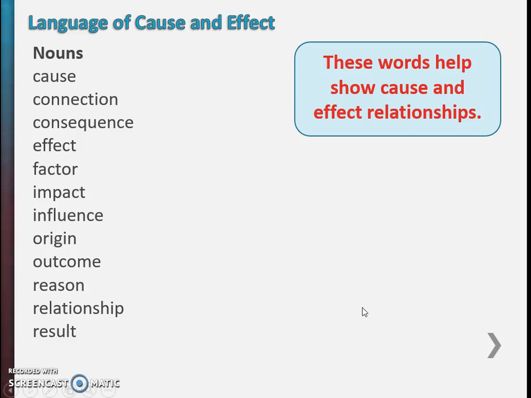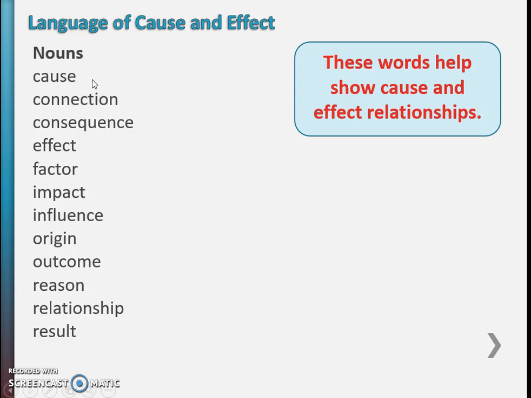First of all, one of the most important things when you're reading is to pay attention to the language of cause and effect. An important part of that language is to notice the nouns. When we see a noun that says, hey, there's a cause here, hey, there's an effect here, that is a signal for us to pay attention.